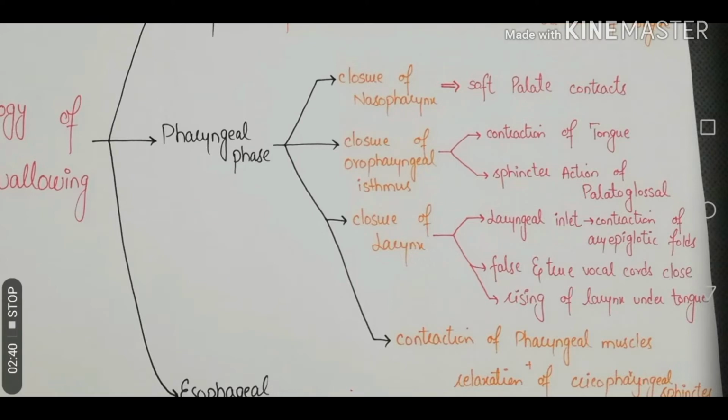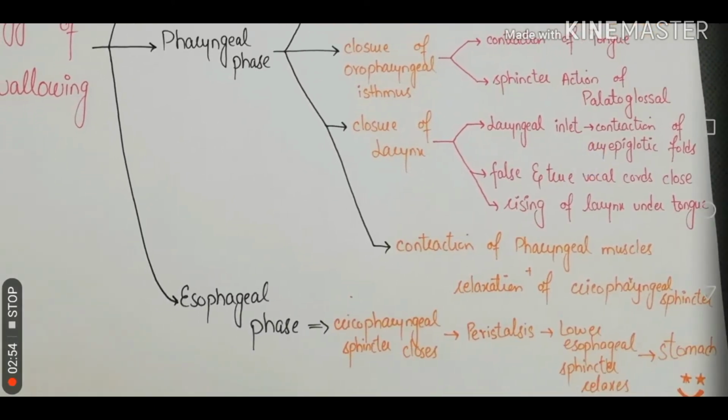Laryngeal inlet closes, and it is because of contraction of the epiglottic folds followed by false and true vocal cords closure. Then rising of the larynx under the tongue and contraction of the pharyngeal muscles along with the relaxation of the cricopharyngeal sphincter will allow the food to enter into the esophageal phase.